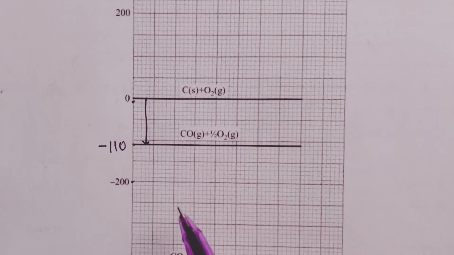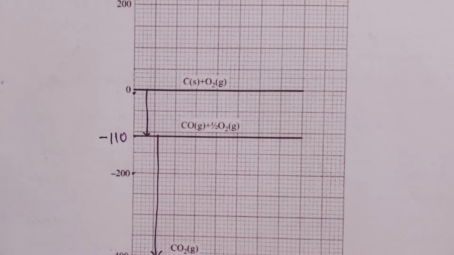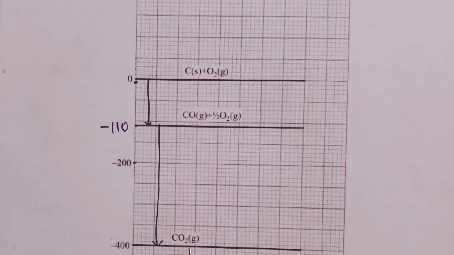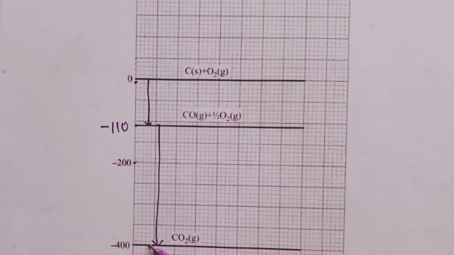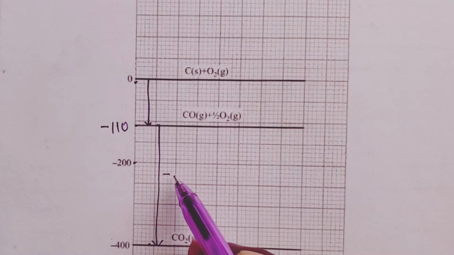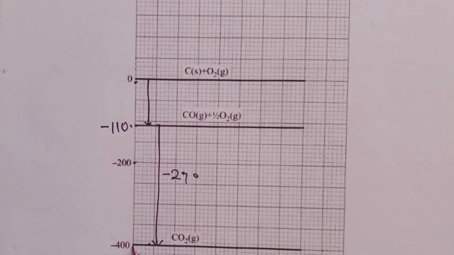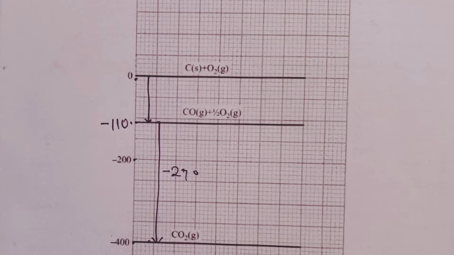Then going down further, we have up to negative 400 kilojoules, where now we have carbon 4 oxide. Now, the energy difference between what we have here and here would be 290 kilojoules, because we are moving from negative 110 to negative 400. The difference down here is negative 290 kilojoules of energy.